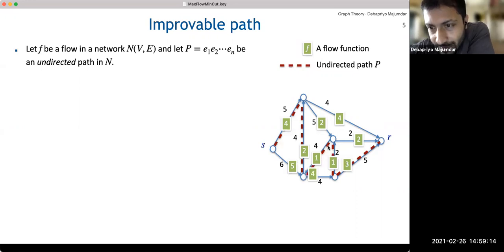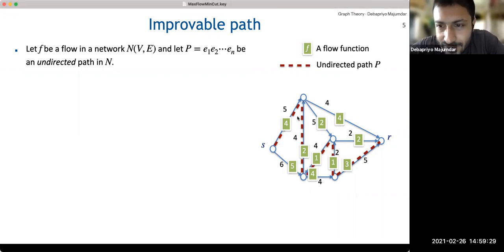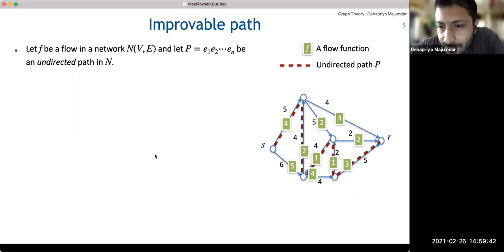Similarly, this was against the direction, this was against the direction, this was again along the direction. So we are really discarding the direction here, which means that this path is just an abstract concept. Nobody is going to go through this path; the network does not allow you to come from here to here. This path is not for practical purposes. This is just for us to prove certain things or define certain mathematical concepts.